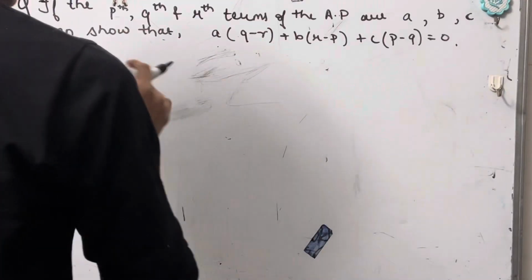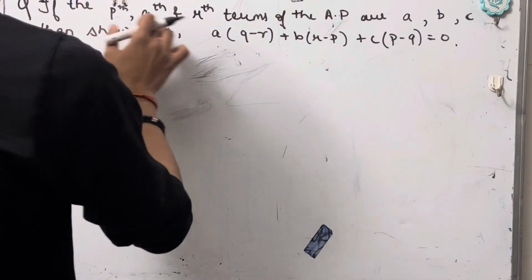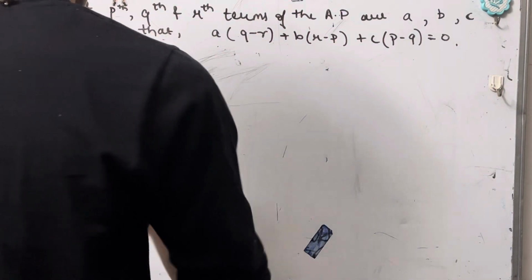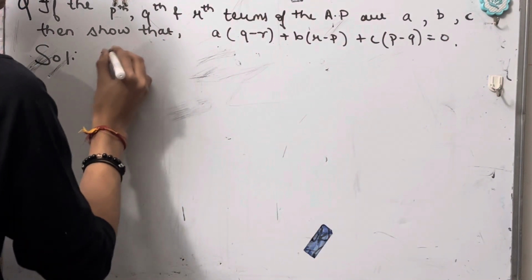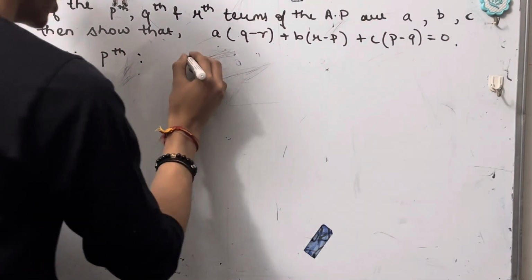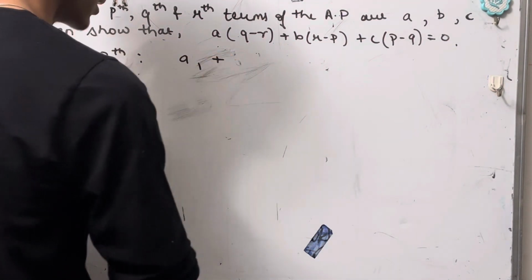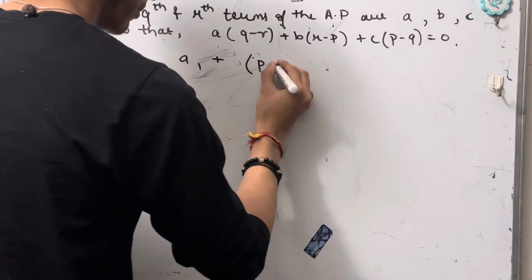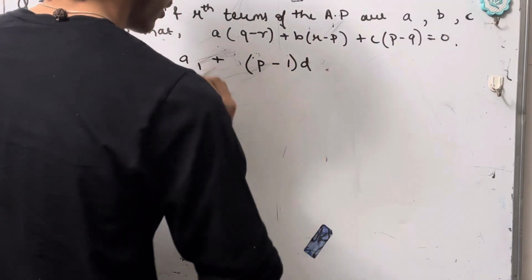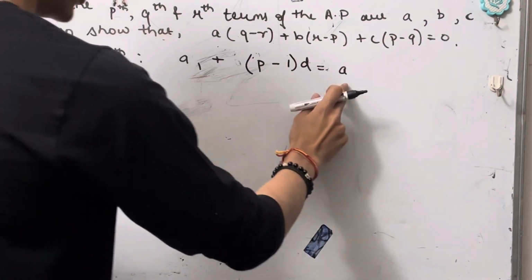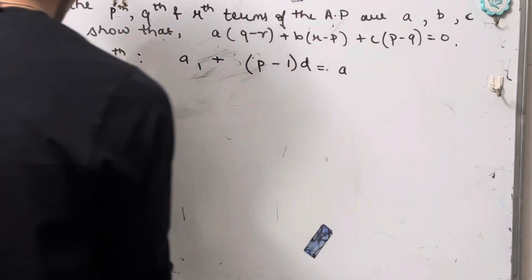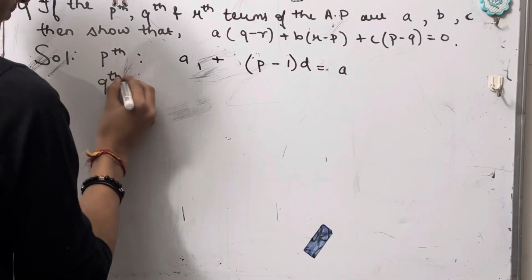Solution. First of all, we will make the equations of the pth, qth and rth terms of the AP. For the pth term, the equation will be A1 plus (P minus 1)D equal to A. So we have got the value of A. Now we will solve for the qth term.